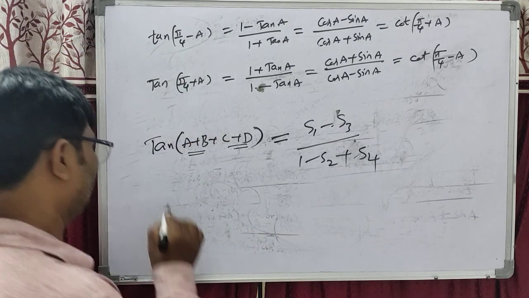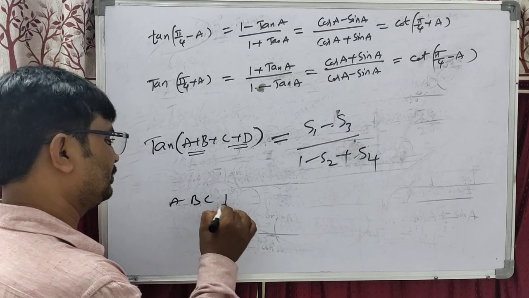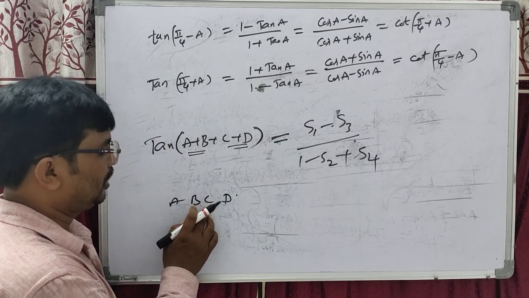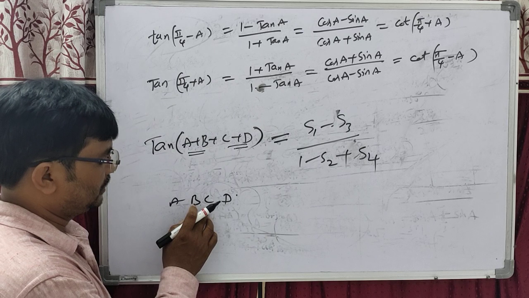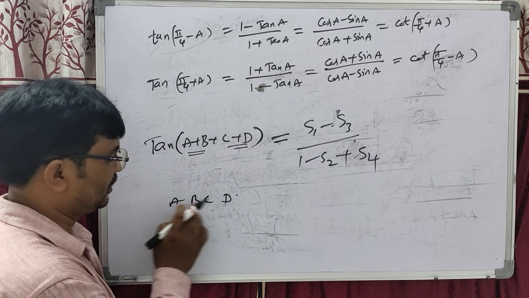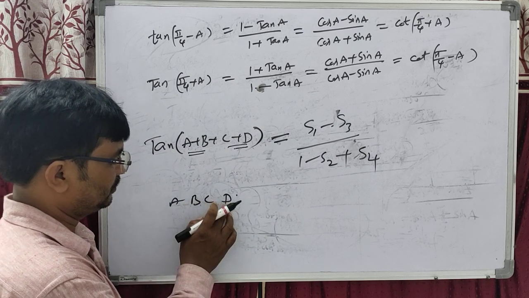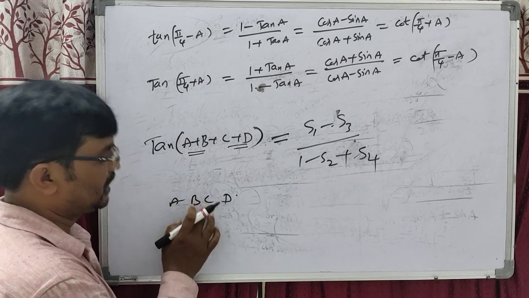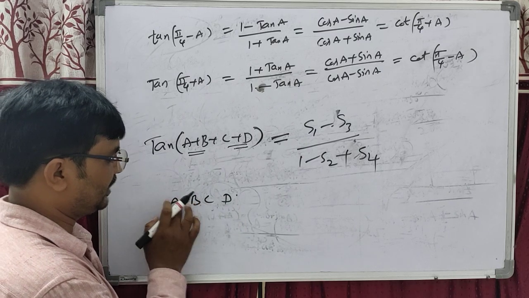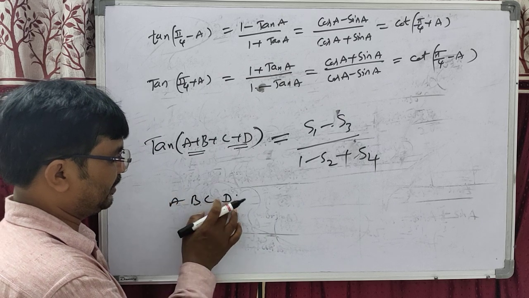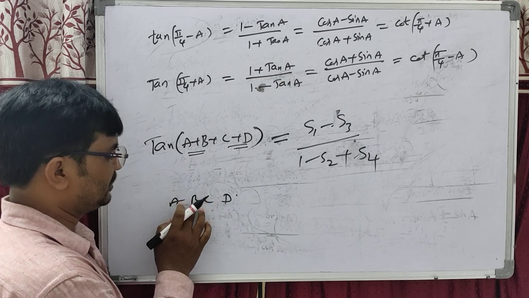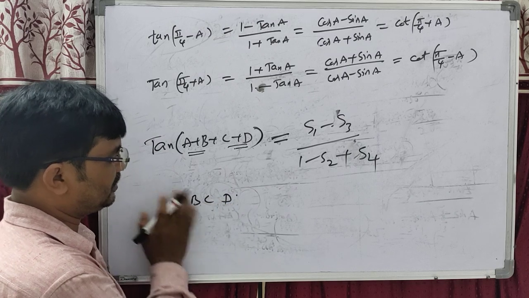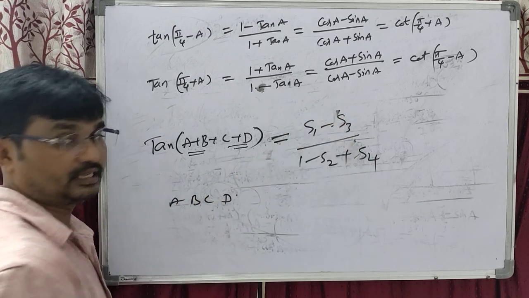Okay students, when taking A, B, C, D, first take A, B, C by removing D. Then A, B, D by removing C. Then A, C, D by removing B. Then B, C, D by removing A. That is S3.